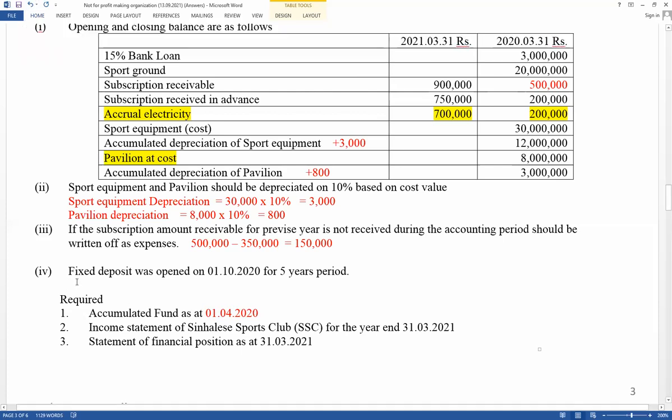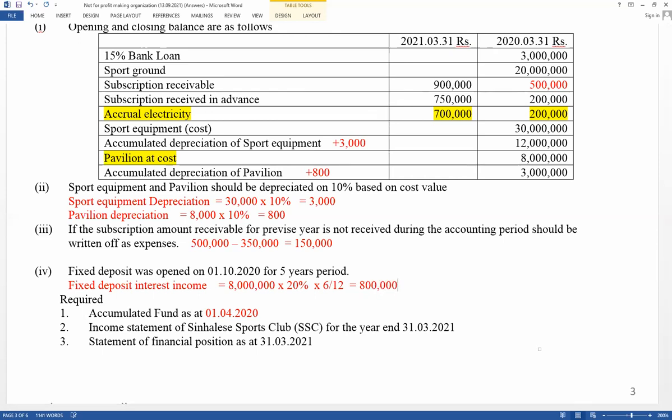Cash received or not? Therefore, fixed deposit interest income. Fixed deposit value equal 8 million and the given interest rate is 20% per annum, but it was available only 6 months, 6/12. Therefore, fixed deposit interest income should be calculated only for the 6-month period. The annual rate given is 20%.